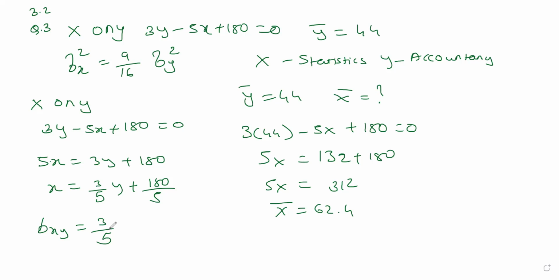I've got bxy and now they want r. Now bxy I have, I need r, but we don't know the standard deviation either, because we have a formula: bxy is equal to r, standard deviation of x upon standard deviation of y. Okay, so bxy we have already found out is 3 by 5 or 0.6.